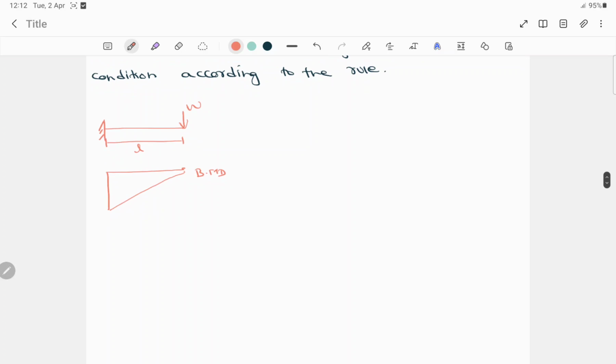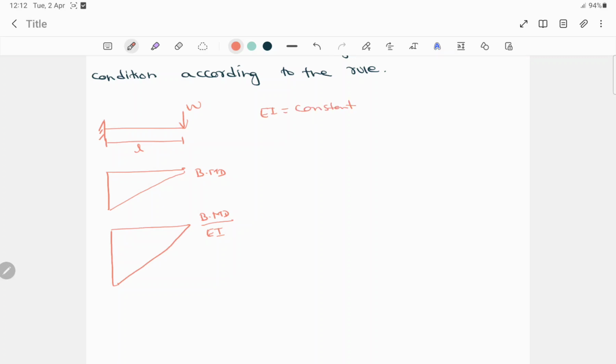So now again we have to draw the M by EI diagram. So M by EI diagram is nothing but it will be same as the bending moment diagram, just we have to divide the BMD diagram by EI. EI is nothing but a constant term.